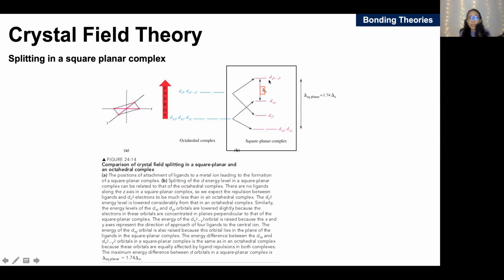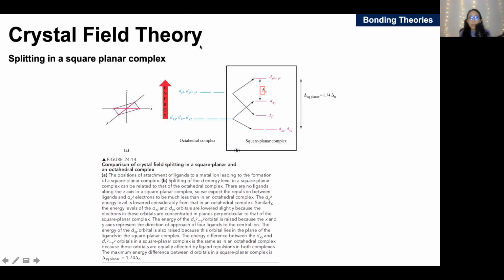So it's the energy difference between the two highest energy levels in your square planar complex. Okay, so for the square planar complex, if you have this crystal field splitting value, the actual delta, which is the difference between the highest and the lowest, is 1.74 of the crystal field splitting value.